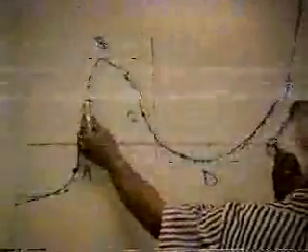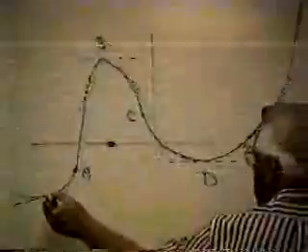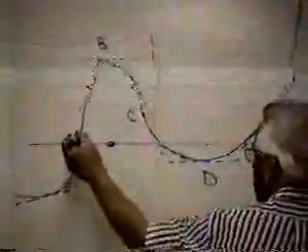A maximum or minimum requires that the slope on each side must be different. The slope must change as it goes through. See, this slope is positive, positive, positive, 0, negative, negative, negative. So it changes here, therefore it's a maximum. It changes here from negative to positive, therefore it's a minimum.